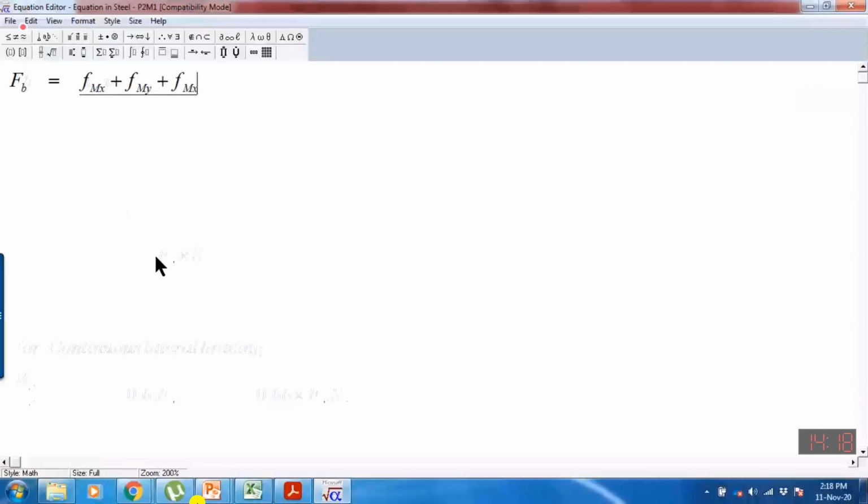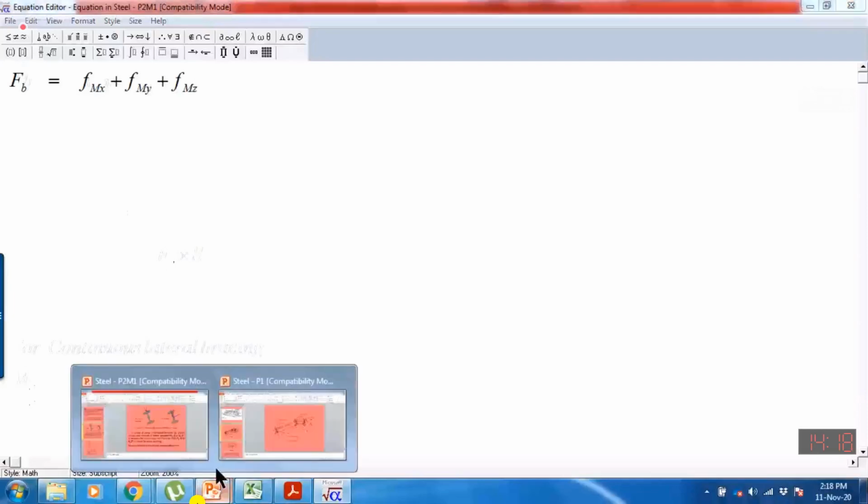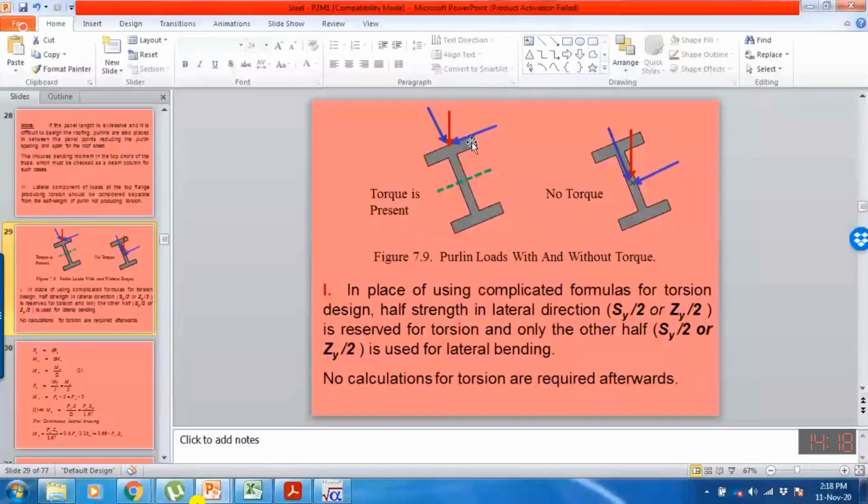Z is the torsion, because that is the moment produced about the longitudinal axis. This moment is produced by this load component about the centroid, with a moment arm of half the depth, and this is also producing the twisting. So total stress can be computed.